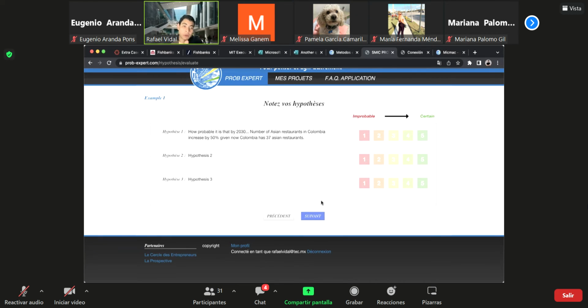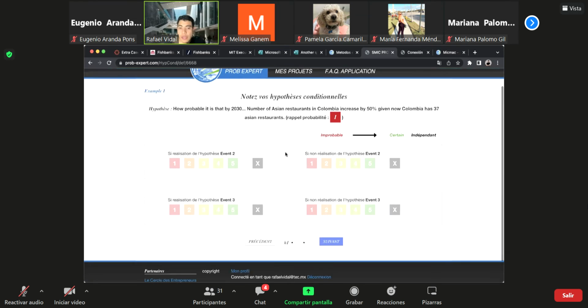How probable is for hypothesis 2 not to happen given that hypothesis 1 happened. So this is the simple one. I'm just going to do it random. And then we have the conditional. Here we have conditional positive and negative conditional at the same time. In this left part, we have the positive conditional, and on the right side, we have the negative conditional.